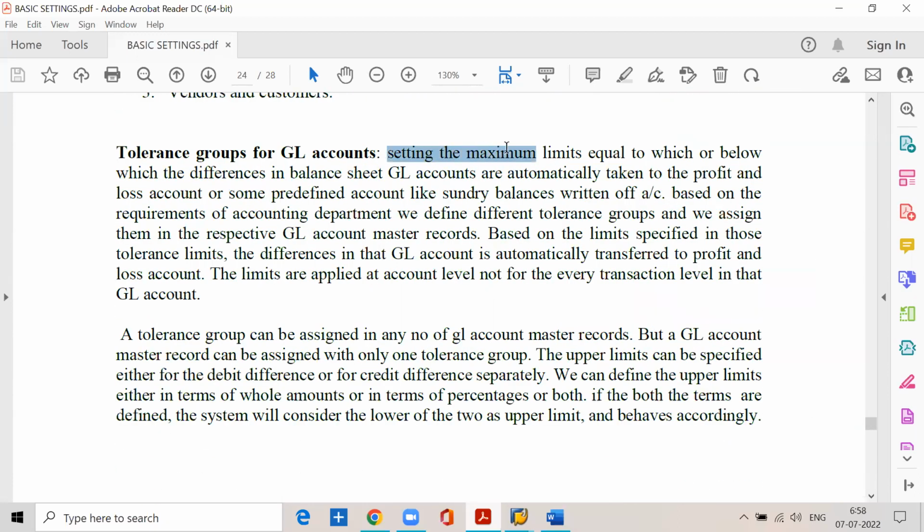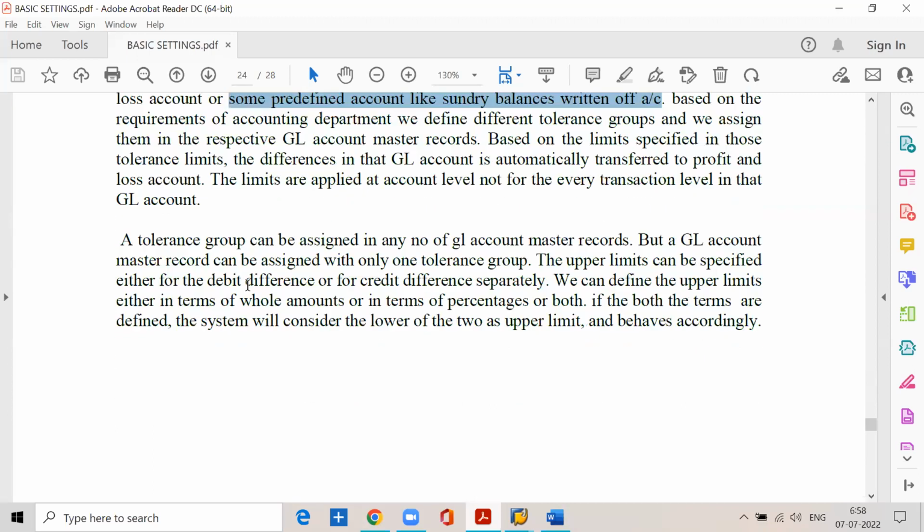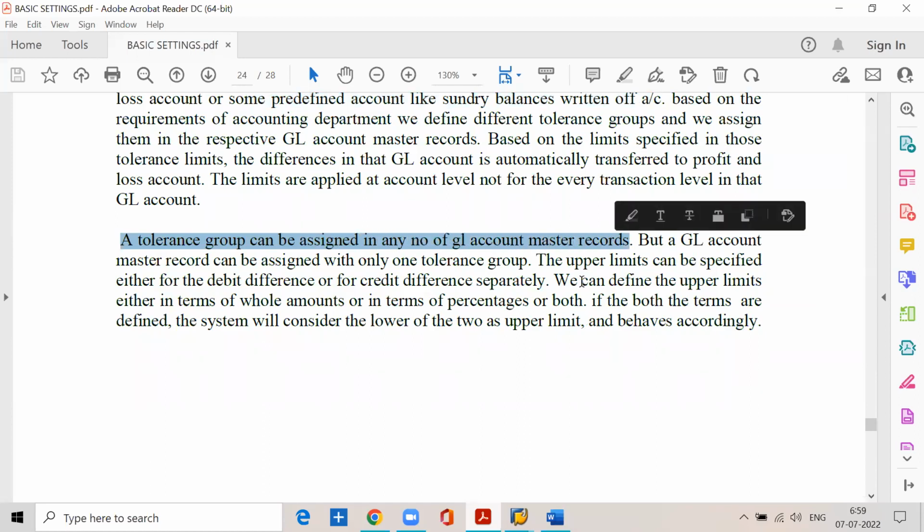Again, I'm repeating, see here. Setting the maximum limits equal to which or below which the differences in the balance sheet GL accounts are automatically taken to the profit and loss account or some predefined account like sundry balance written off account. So a tolerance group can be assigned in any number of GL account master records.